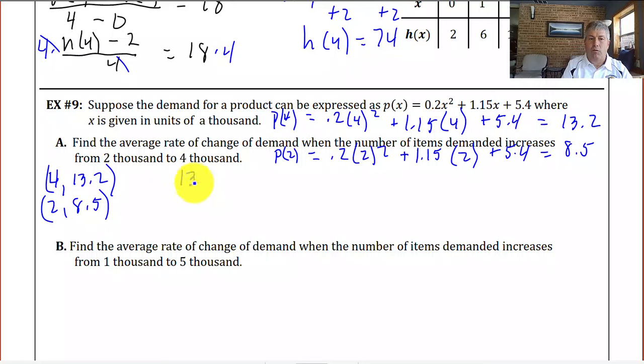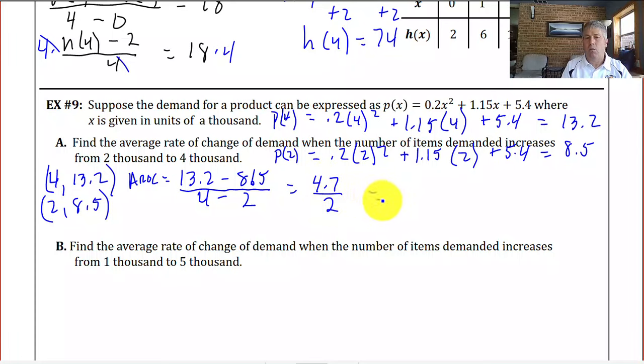So 13.2 minus 8.5 all over 4 minus 2. Simplifies to 4.7 over 2, or 2.35.